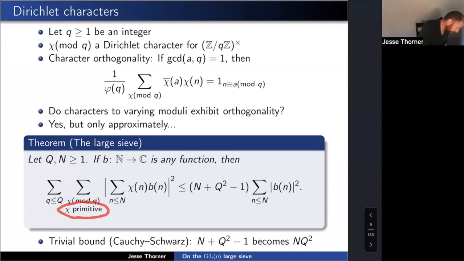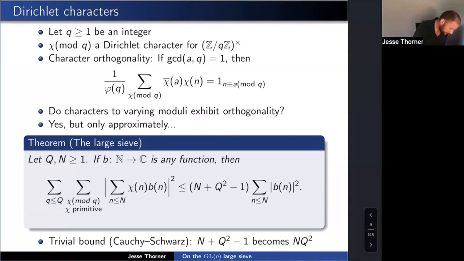I want the conductor to be, I want the modulus to be minimal in this sense. The second thing is that this bound over here, this N plus Q squared minus 1, is sharp. If I want the function b here to be arbitrary, then this is the best upper bound that we can have.